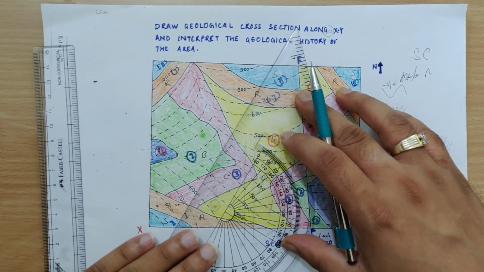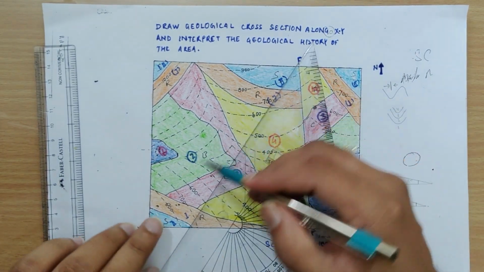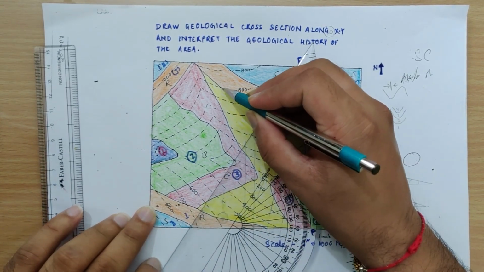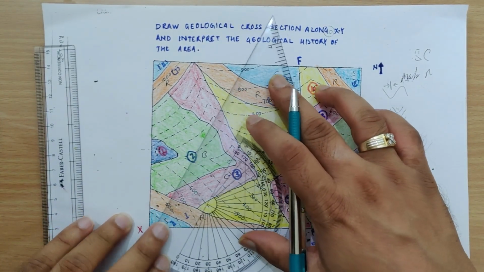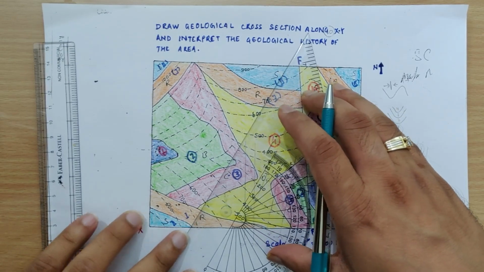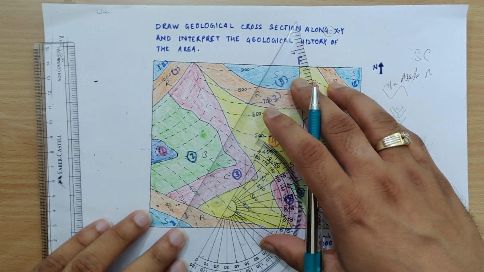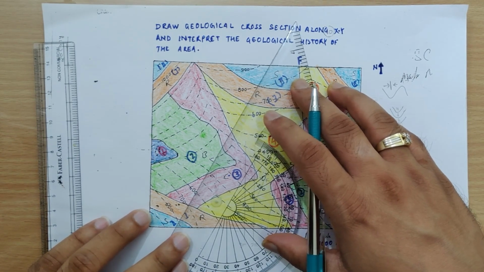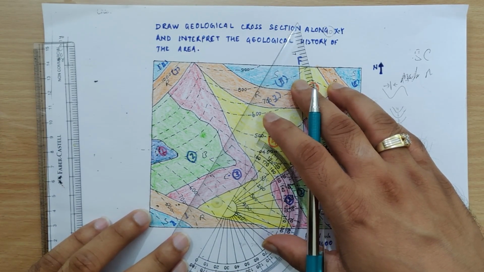So this is 700. We can take any 2 points. So here is 800 over here and 800 over here. We have to take such points that we can get these 2 points over our section line.